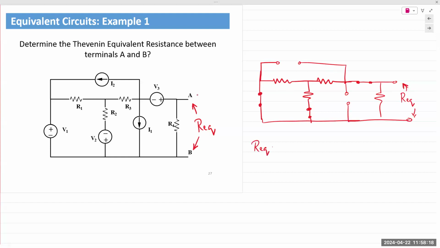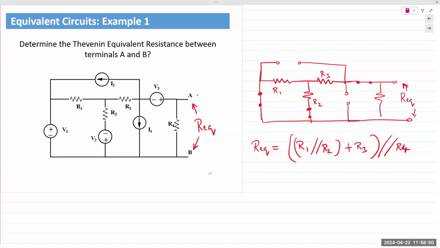To find Req, we always go to the farthest end. When I go to the farthest end, I see that R1 is now connected to R2 due to the short of voltage source V1. So they are in parallel, which that combination is then in series with R3, and that entire combination is in parallel with R4.